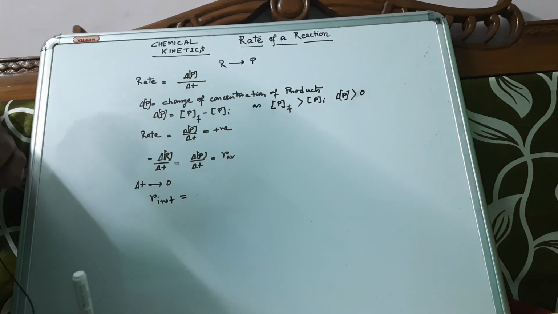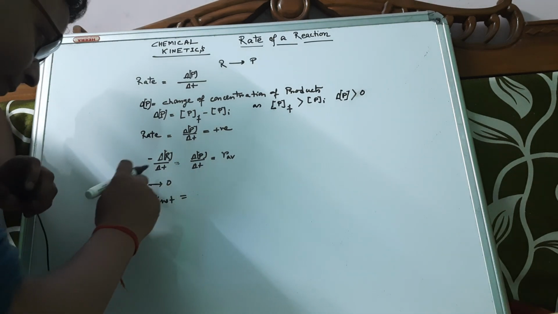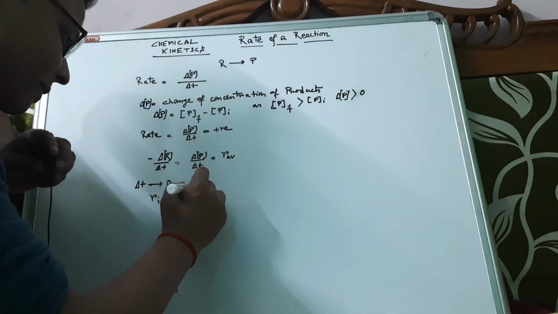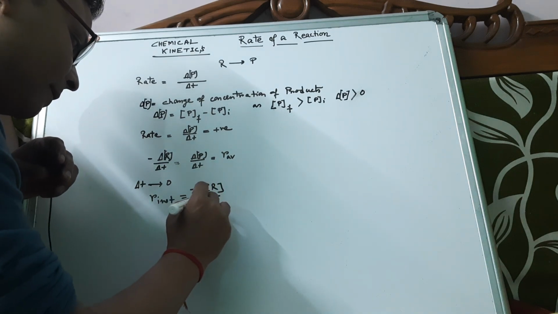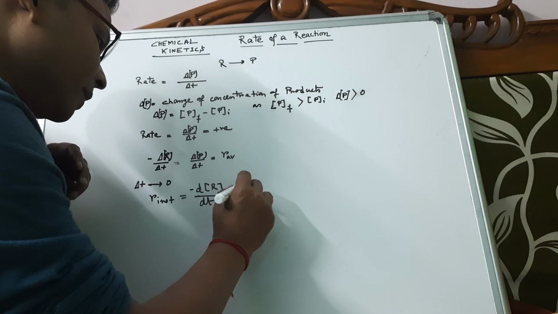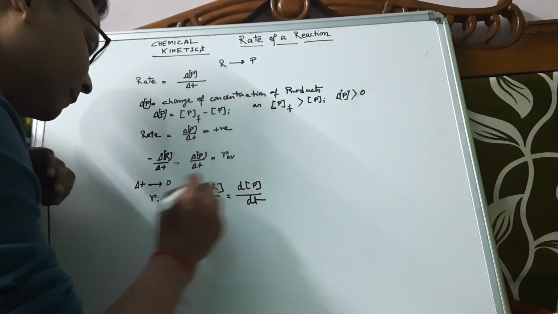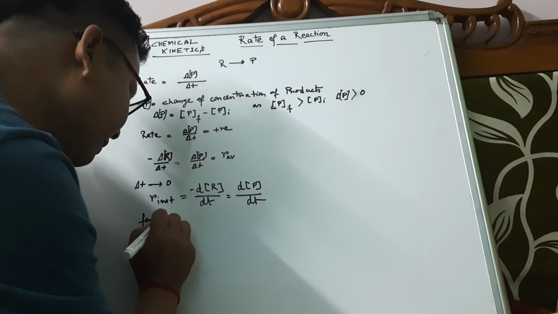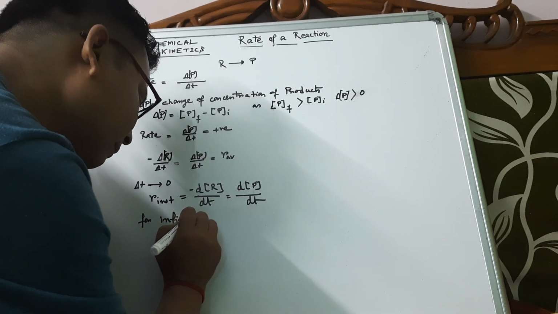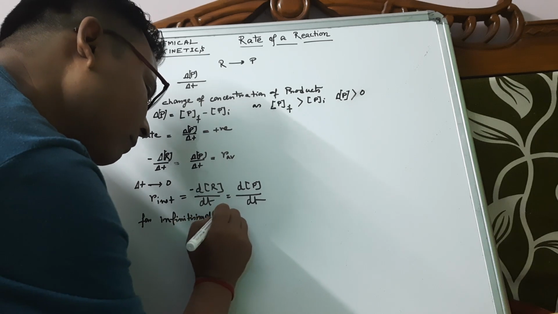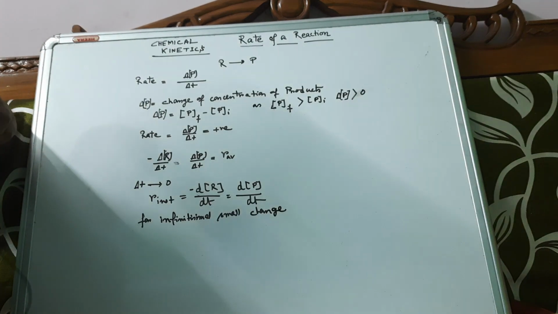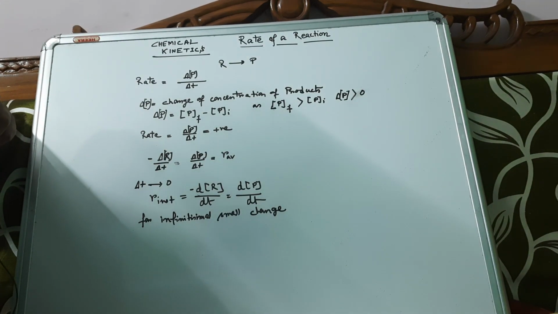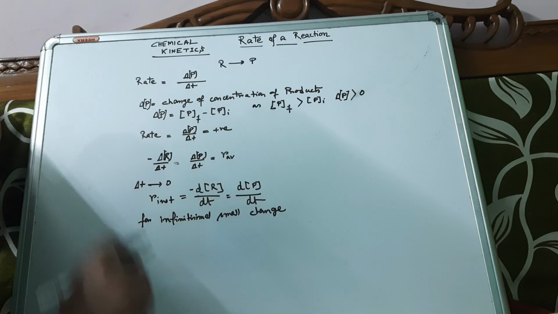Then in place of delta, we can write d: minus dR by dt equals dP by dt for infinitesimal small change. So this is the differential rate equation.